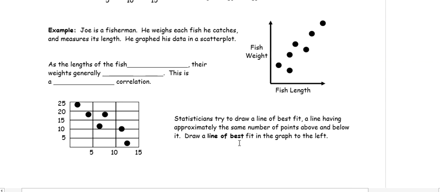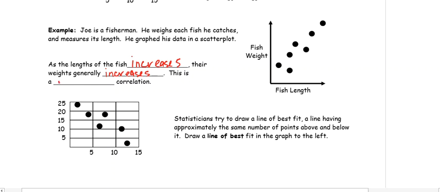Example: Joe is a fisherman. He weighs each fish he catches and measures its length. He graphed his data in a scatter plot. So this is his graph right here. As the length of the fish increases, their weight generally increases.